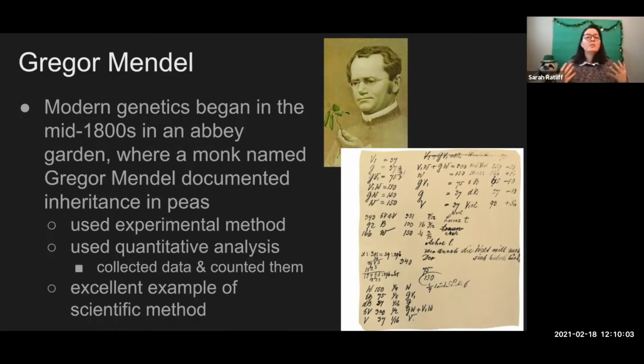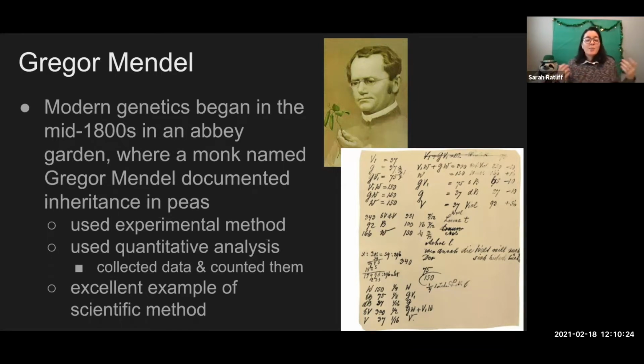So Mendel was a prime example of the scientific method. He made a hypothesis. Well, I think that this trait is inherited this way or whatnot. He tested his hypothesis with an experiment. Then he made observations, he collected data, he analyzed that data.